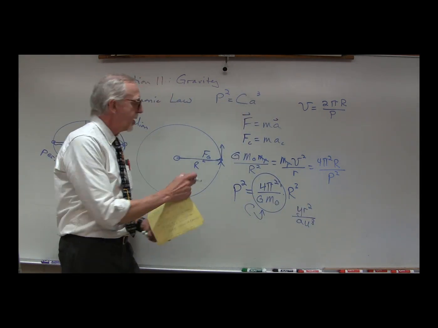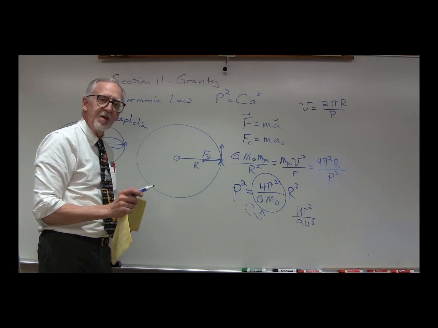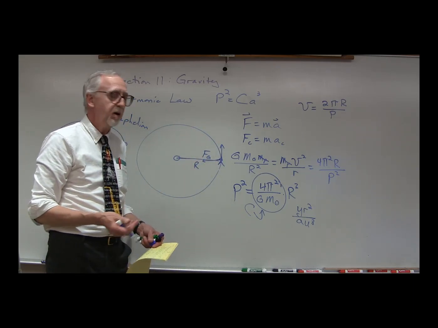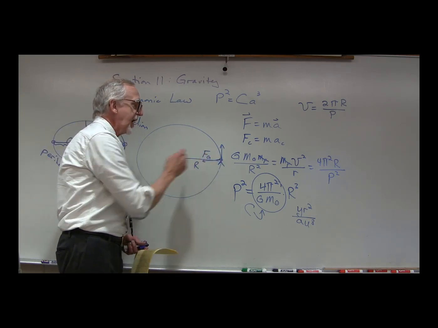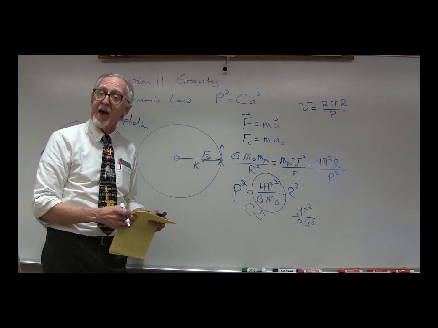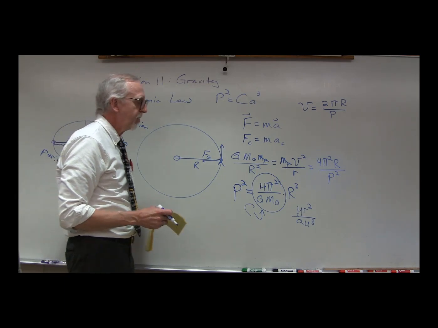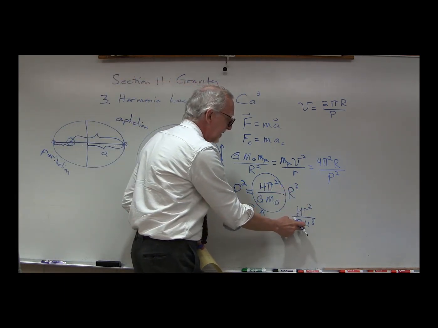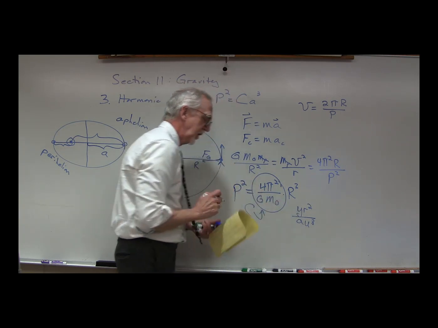In other words, when we look at the orbit of the Earth, the time for one orbit of the Earth is 1 year. The semi-major axis of the Earth is 1 astronomical unit. So for the Earth, when we put in 1 astronomical unit cubed, it cancels this. We take the square root, we get 1 year.